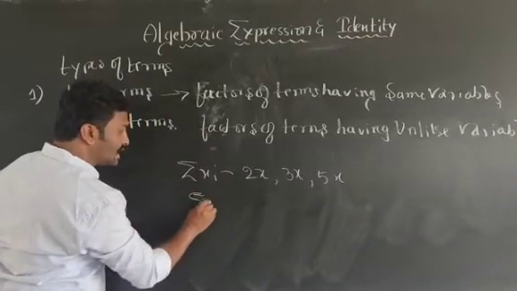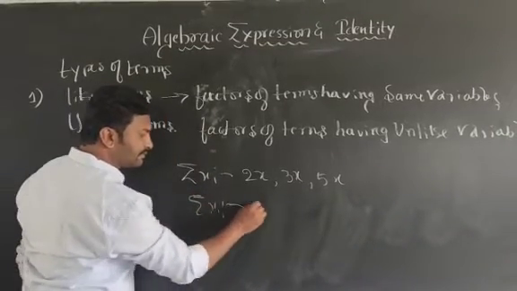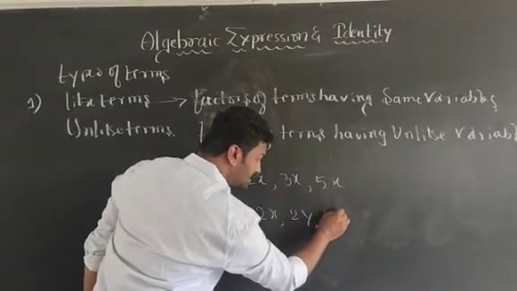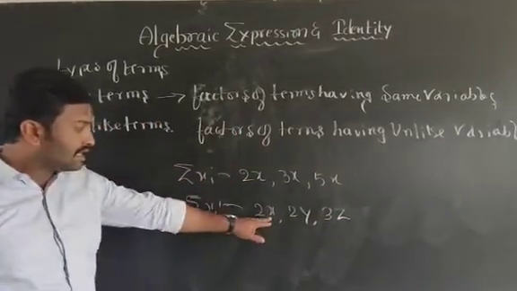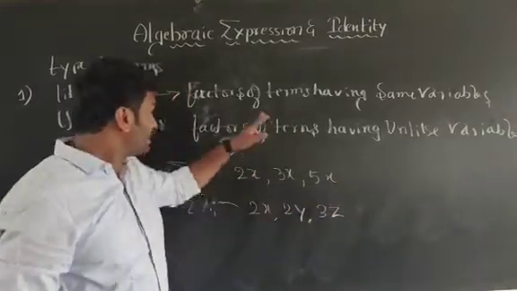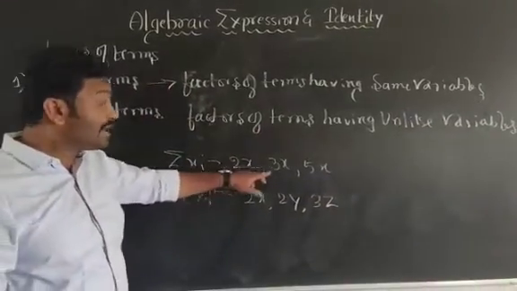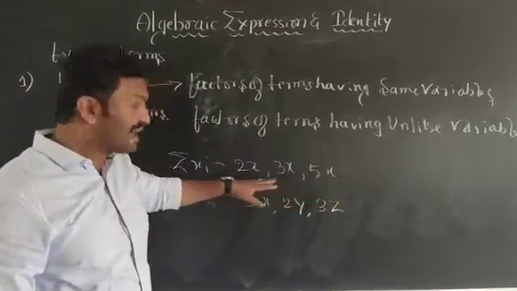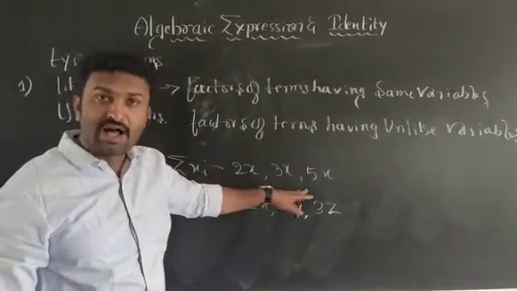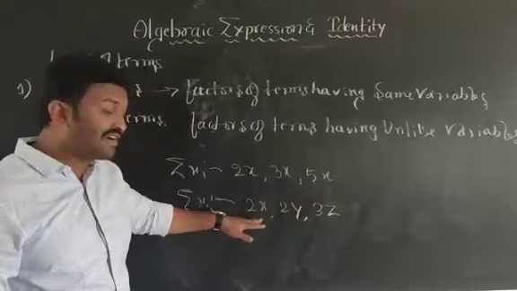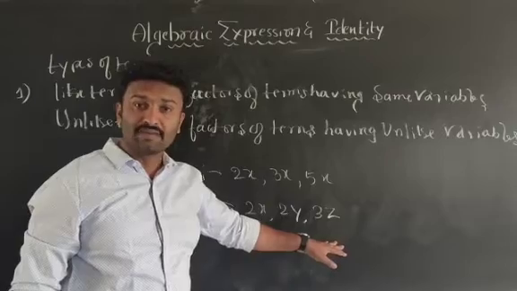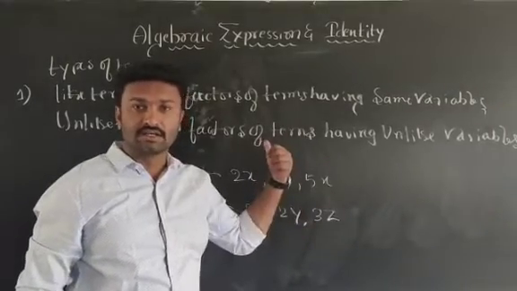And example for unlike terms, 2x, 2y, 3z. Here variables are different, so they are called unlike terms. Here variables are same, so they are called like terms. The terms having different variables are called unlike terms.